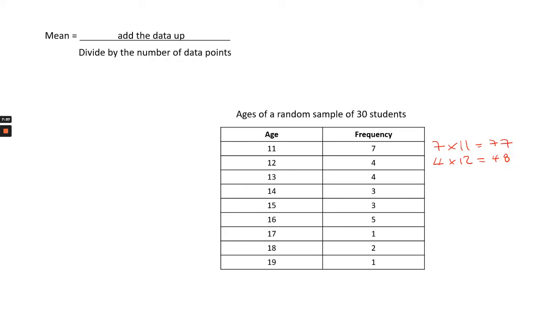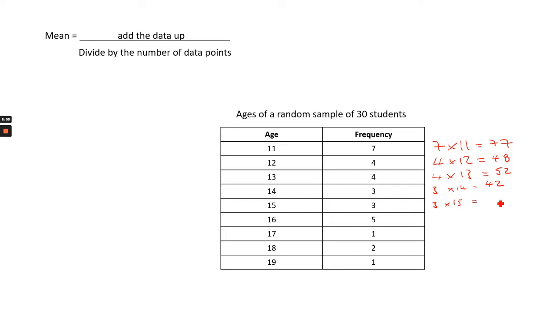The total of the people who are aged 13 is 4 times by 13, and I get 52. Then 3 times 14, and I get 42.